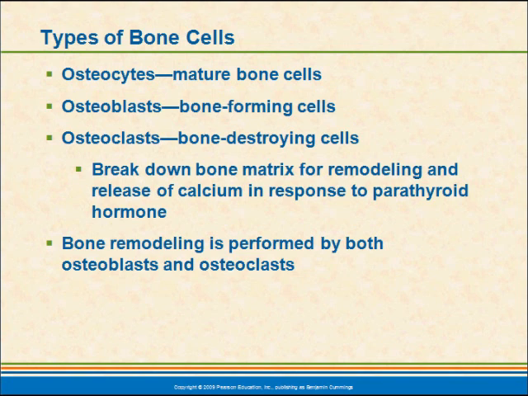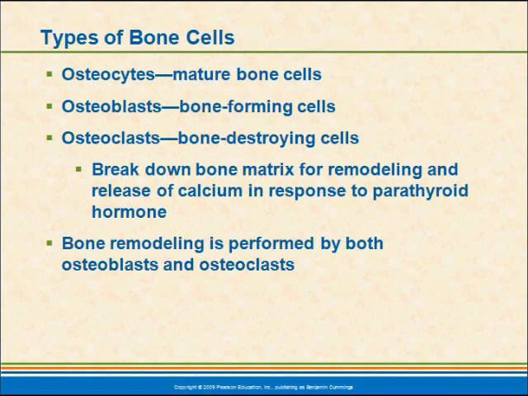Osteoblasts are bone-forming cells, and I don't know of a good mnemonic for that other than B for build, because blasts build. I know that's kind of counterintuitive for me because the word blast makes me think of destroying things. But osteoclasts, these are bone-destroying cells.